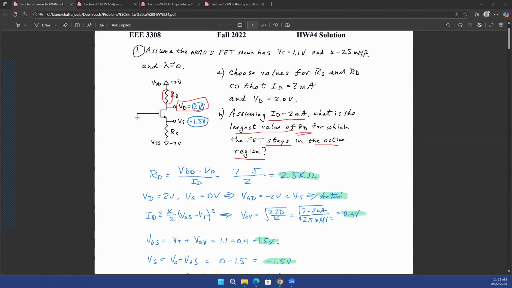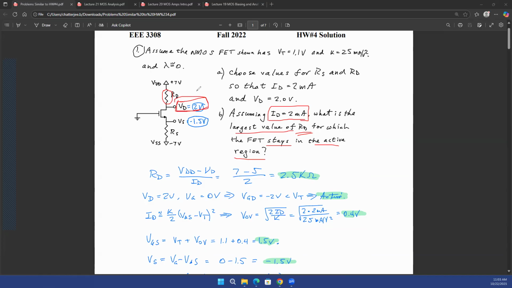But if you let your RD change and want to keep your current constant, then of course this VD will also change. The drain voltage of the transistor will change, right? Because the current is same, the resistance is changing. So of course the voltage drop across the resistance will change. That means that the drain voltage of the transistor will change.